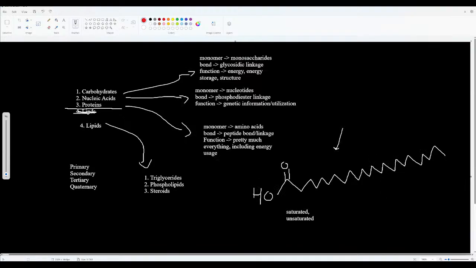So why do we care? Let me look up an example of oleic acid. Maybe not oleic acid. Maybe not.